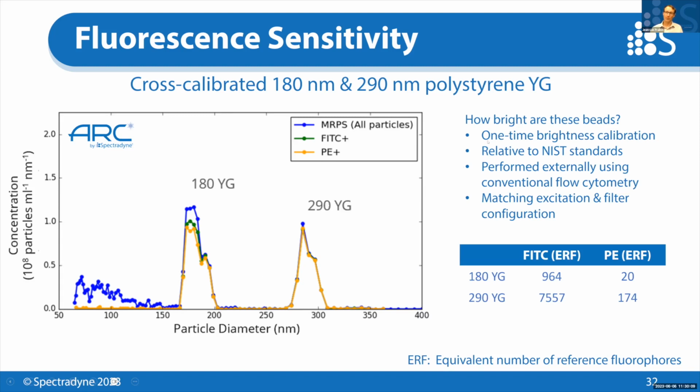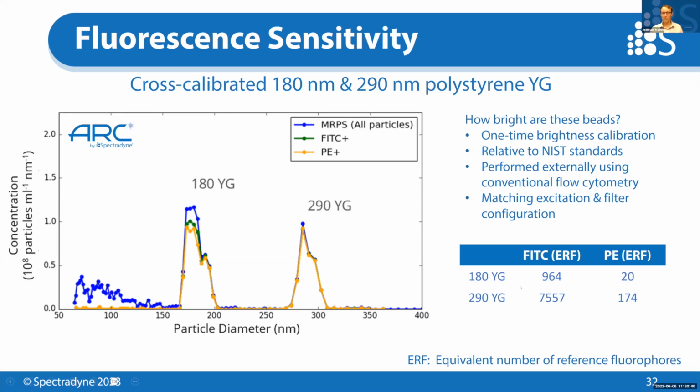They did a one-time brightness calibration relative to NIST standards, compared to the 8 micron MESF standard beads. This was done on a conventional flow cytometer, and they assigned brightnesses to both bead sizes relative to those MESF standards. Importantly, those measurements were done with a known excitation wavelength and detection bands on the fluorescence detection channels.